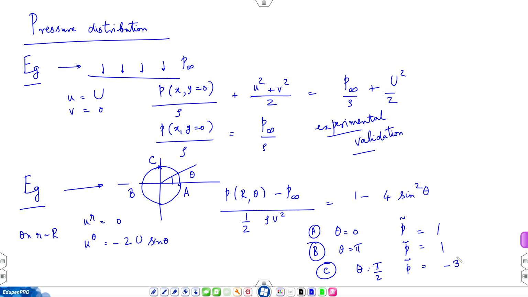Incidentally, this pressure ratio is also called a pressure coefficient in the book. Pressure coefficient. So, in line with drag coefficient, what is the symbol for drag coefficient?